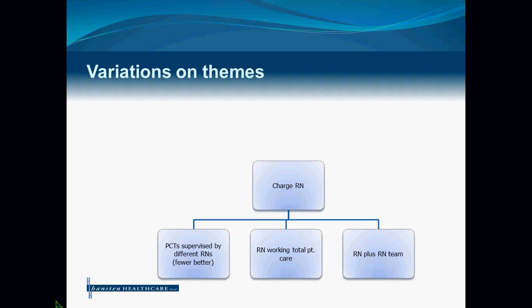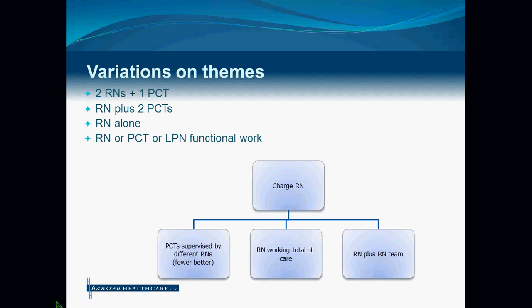So there are many different ways that we can look at parsing out the human resources to get the work done appropriately for the right outcomes for this group of patients. So just think that through, and you could have an LPN doing functional work as well.